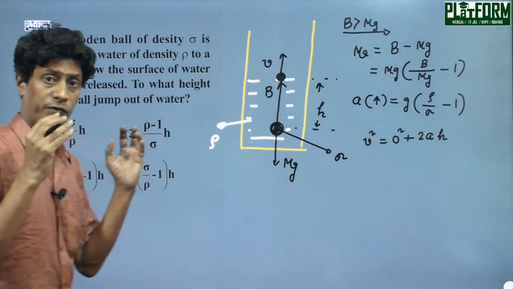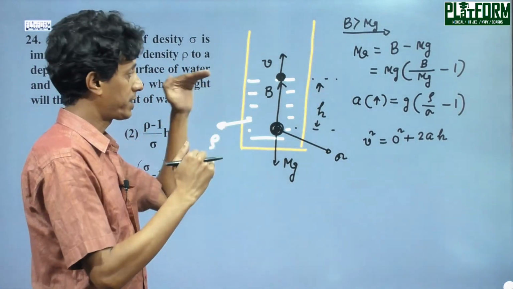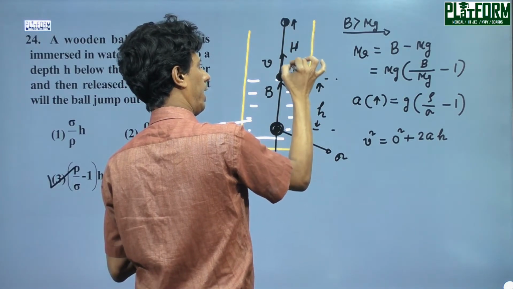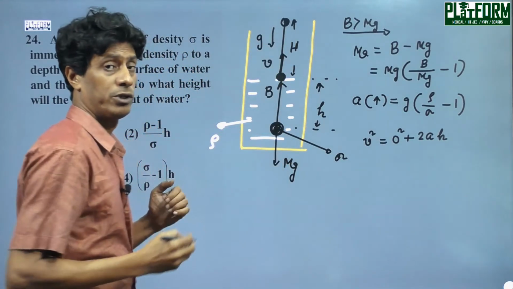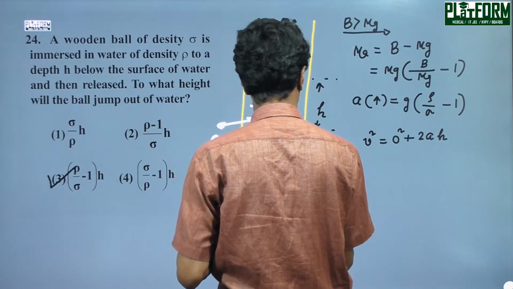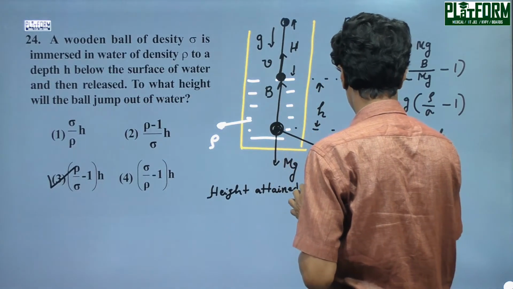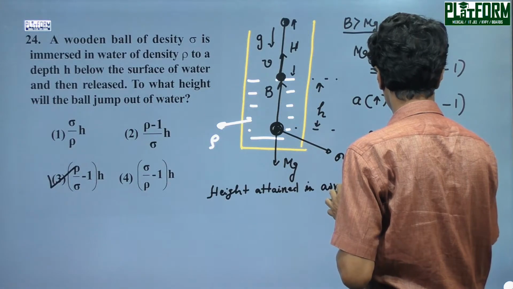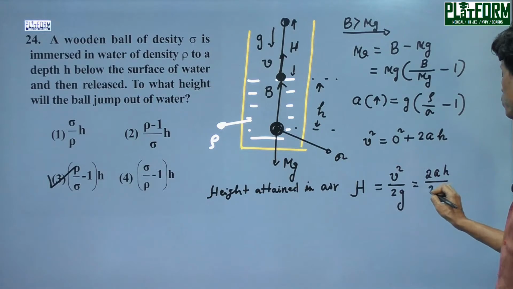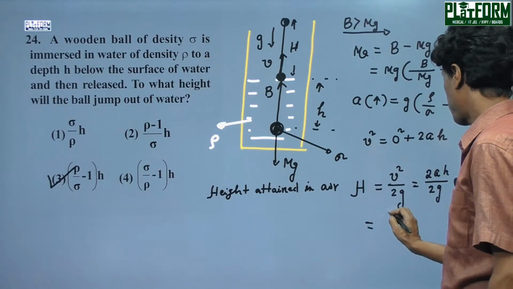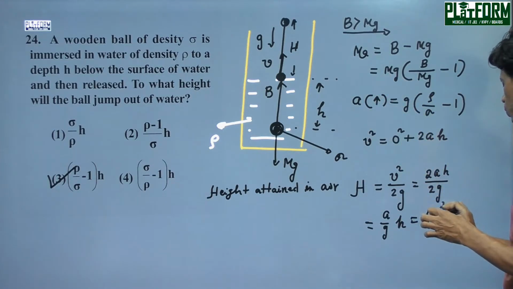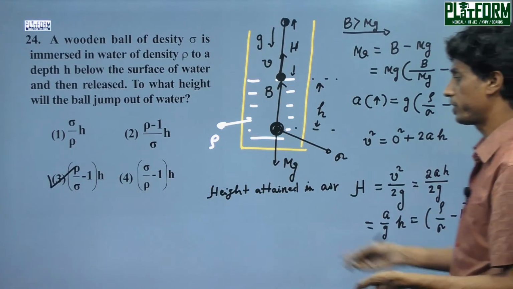This is the velocity of the body at the surface of water, and it will fly off the surface and ascend up to a height, let us say H, and gravitational retardation is g. So the height attained in air, we can write directly H is equal to v square by 2g, and v square we already found, equal to twice a h, so H is a by g into h, and already we have found a by g is equal to rho by sigma minus 1. So the right option again is 3.